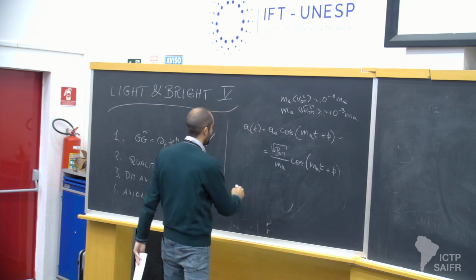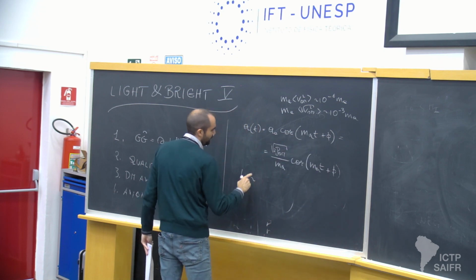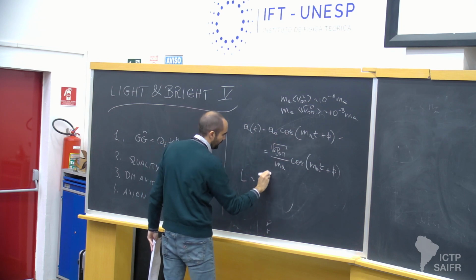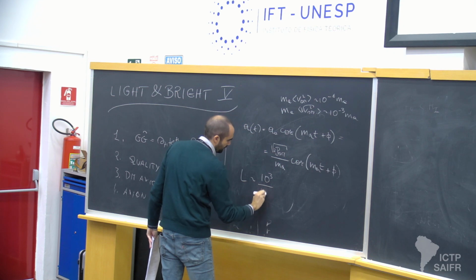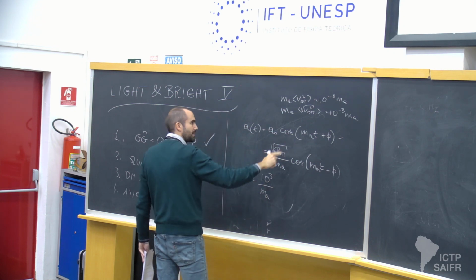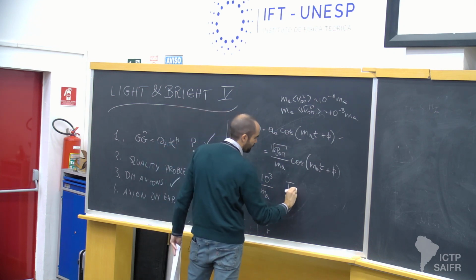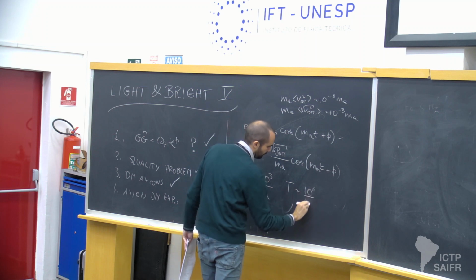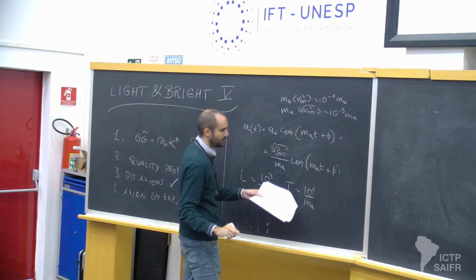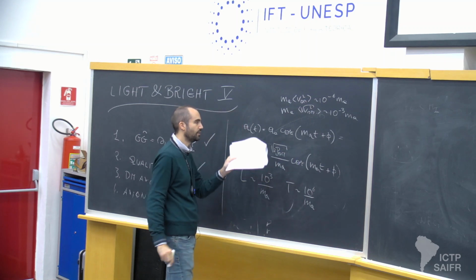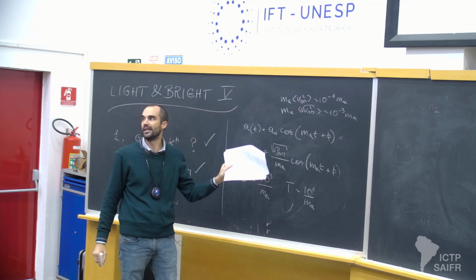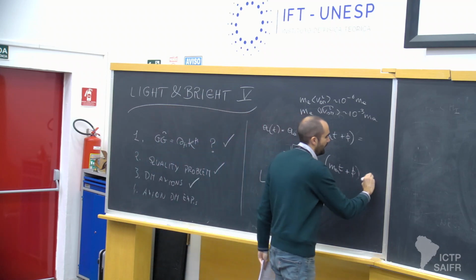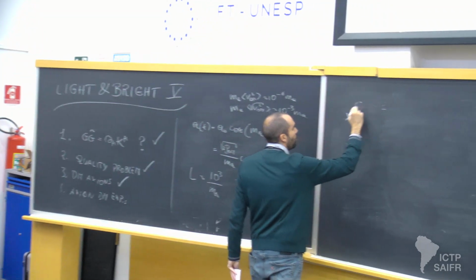The typical length scale over which this description holds is 10^3 over the mass, and the typical time scale over which this description holds is 10^6 over the mass. So for 10^6 oscillation cycles, this object really looks like this monochromatic cosine. If you want to be precise, in reality you have to add a more complicated function.